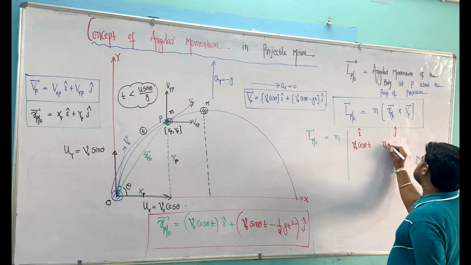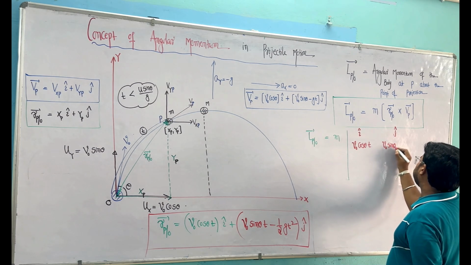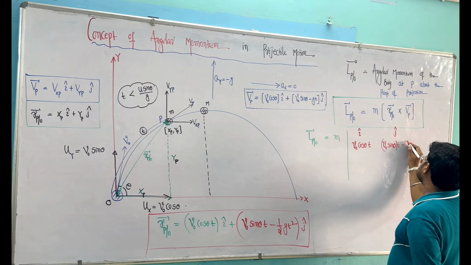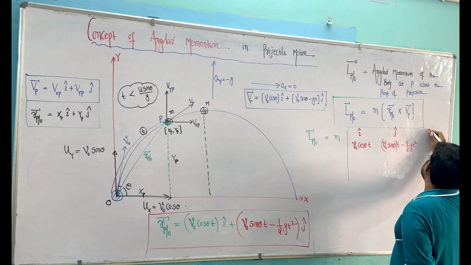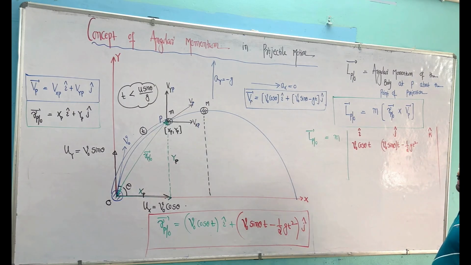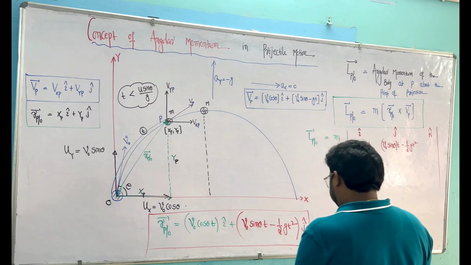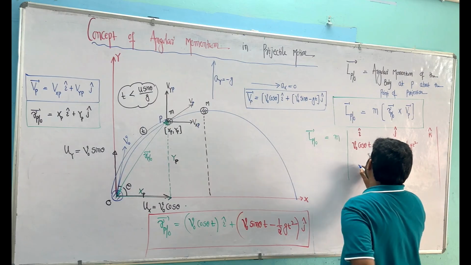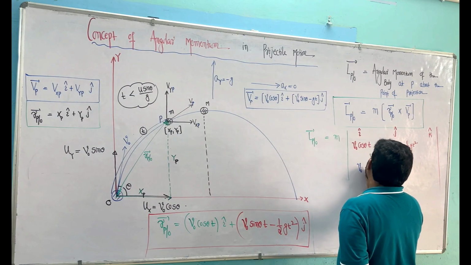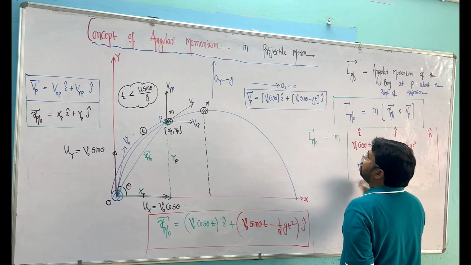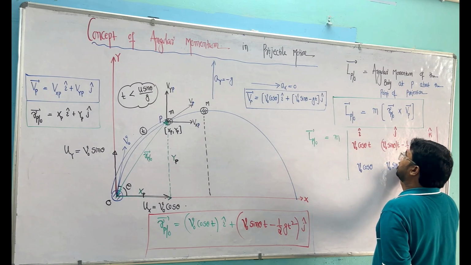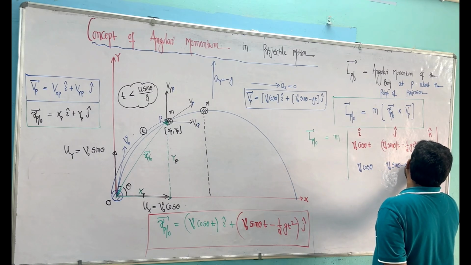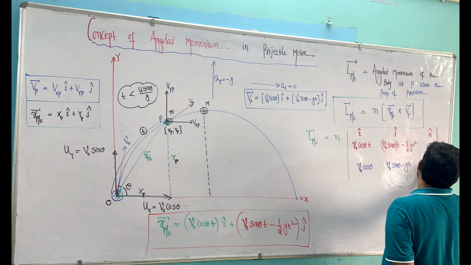V naught sin theta t minus half g t square, this is k cap. What about velocity? V naught cos theta, and V naught sin theta minus g t, and 0, 0.